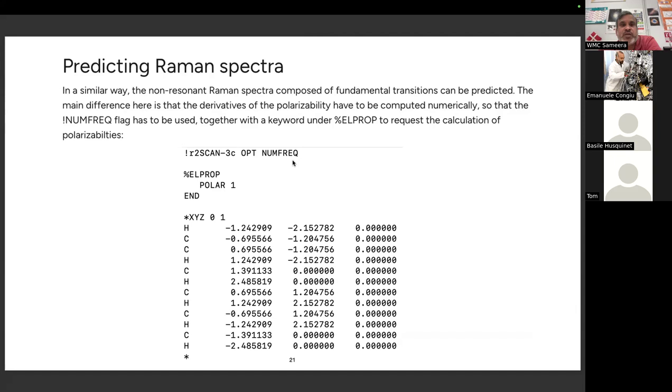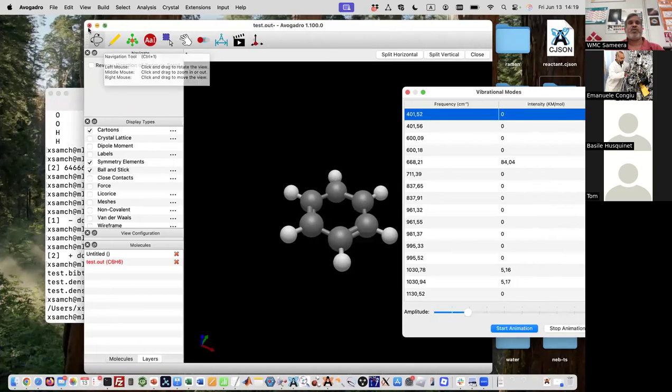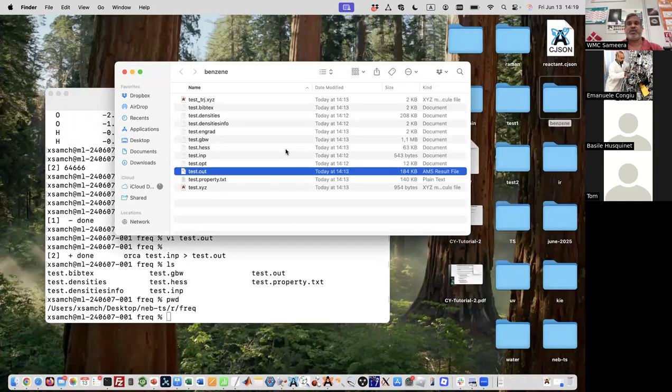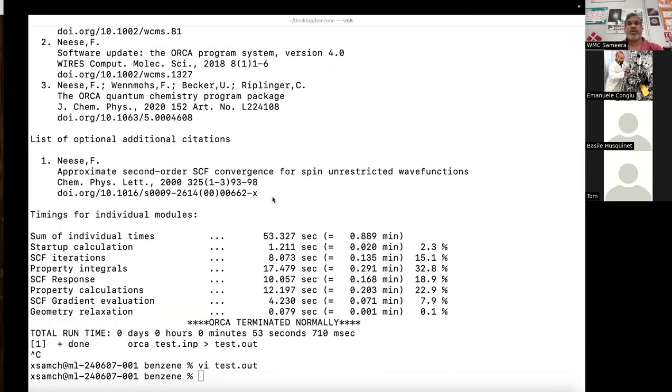That is important to get the derivative of polarizability. So we should use numerical frequencies. So we use a relatively cheaper method in this case to speed up the computation. And then you can also compute the Raman data in a similar way.